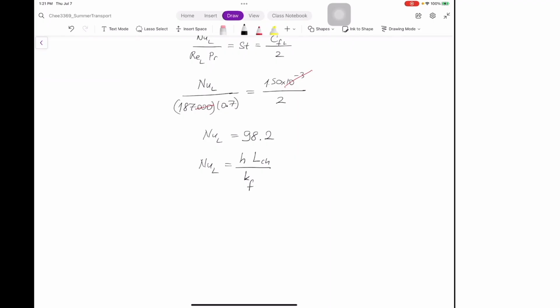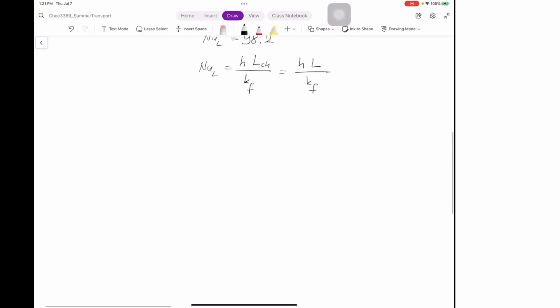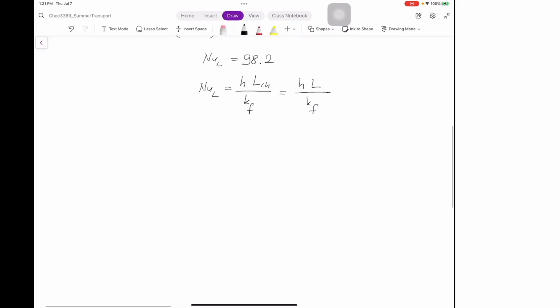For this geometry, it's HL over K fluid. Now let's plug in the numbers. Now the Nusselt number is 98.2 unitless is equal to H, we want to find out. L is 1 meter divided by conductivity of air, K. So I should find it in the book.